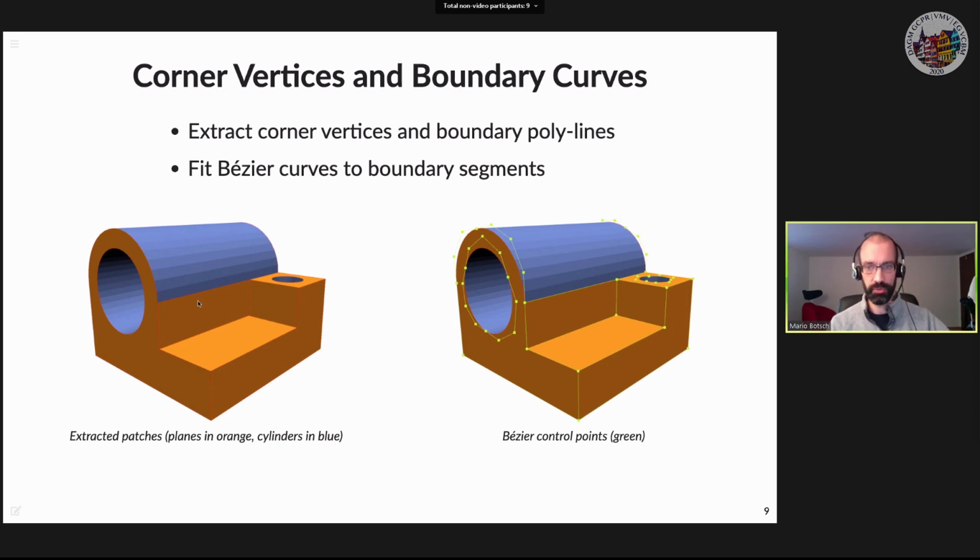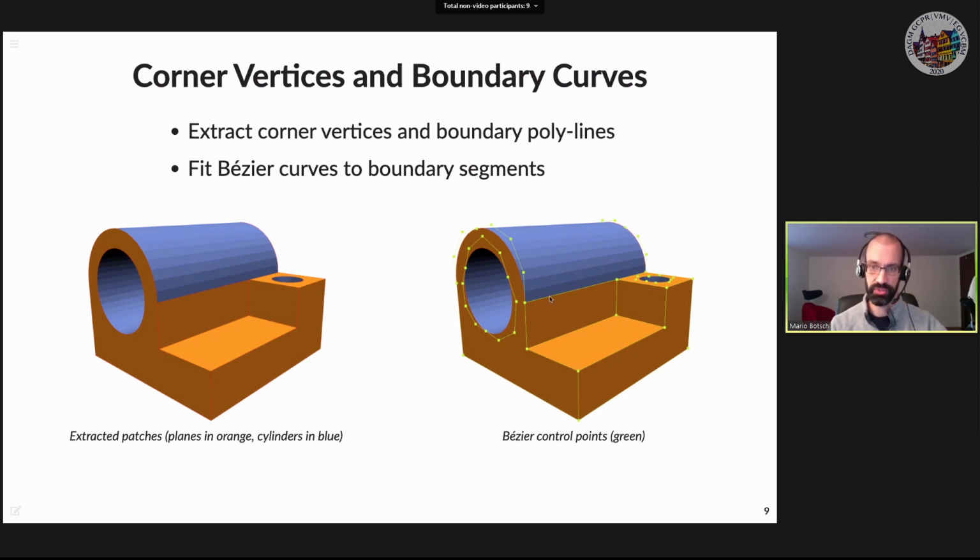To each of these boundary segments, we then fit a Bezier curve in an adaptive manner. So we start with linear and then go up to quadratic, cubic, up to quartic.